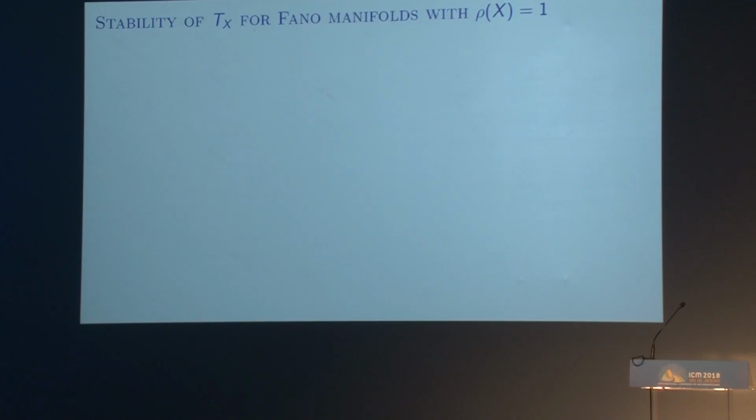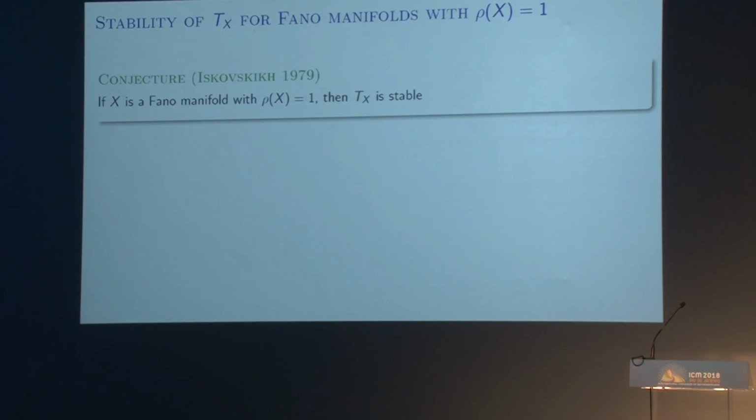There is this conjecture of Peternell and Wiśniewski, which as far as I know has no proof nor negation yet: if I have a Fano manifold with Picard number 1, then the tangent bundle is stable. This notion is weaker than the notion of K-stability that we heard about this morning.